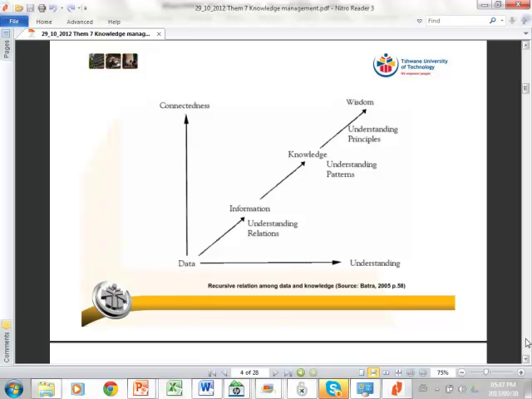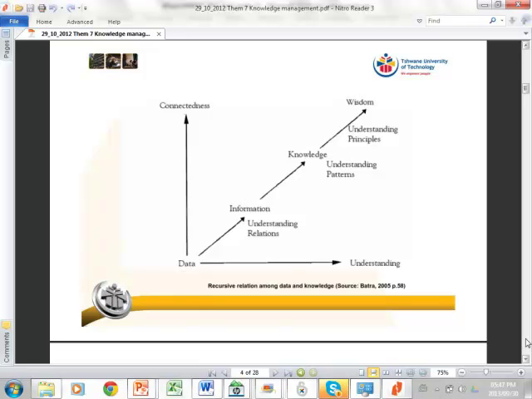Okay, so if we have data, does that really help us? How does data help us? We can look at the data, check our performance, measure it against what we wanted to achieve. Okay, but so as soon as we start doing that, we're moving into the realm of information.